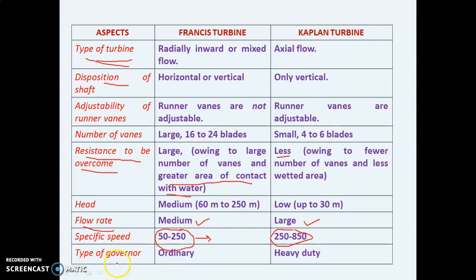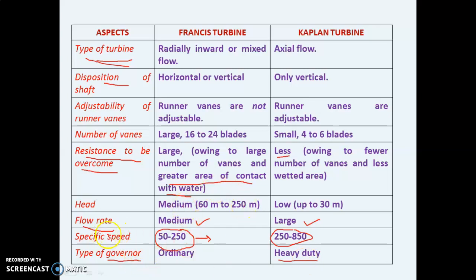The mechanism or the part which controls that is known as the governor. In Francis turbine we use an ordinary governor, but in Kaplan turbine we use a heavy duty governor, because as we know the specific speed is also very high, so we'll require a heavy duty governor in Kaplan turbine.